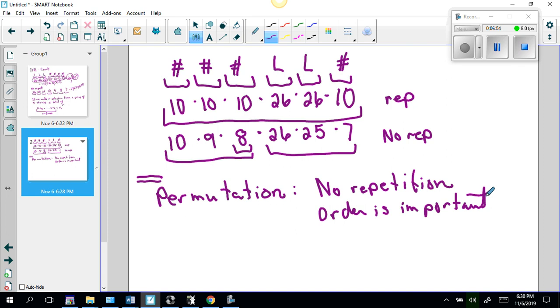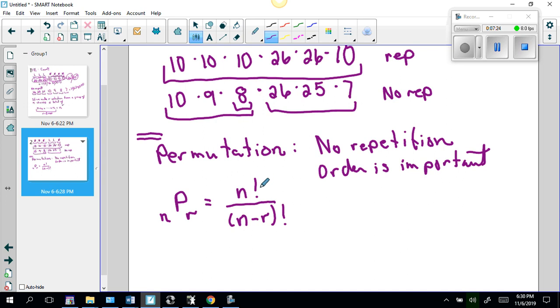And I am going to go right for a permutation formula. It's the nPr formula. Now you're like, whoa, what is this? Well, it's n factorial over n minus r factorial.